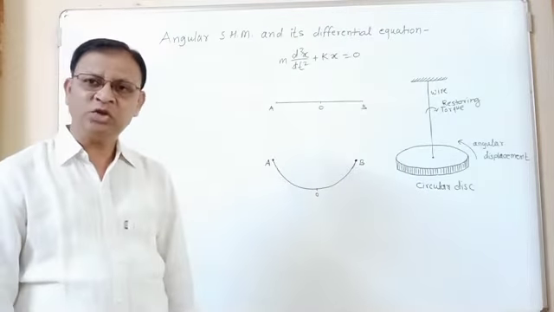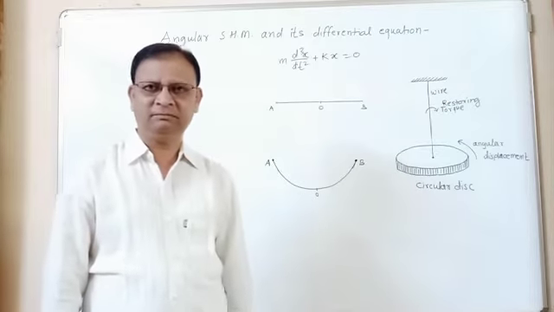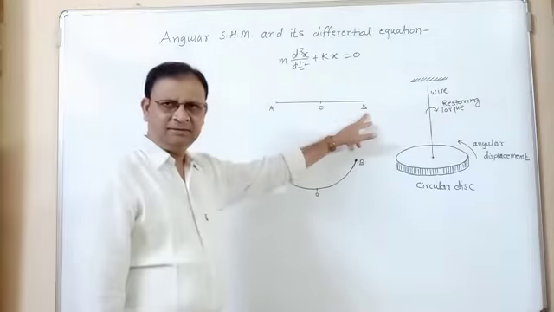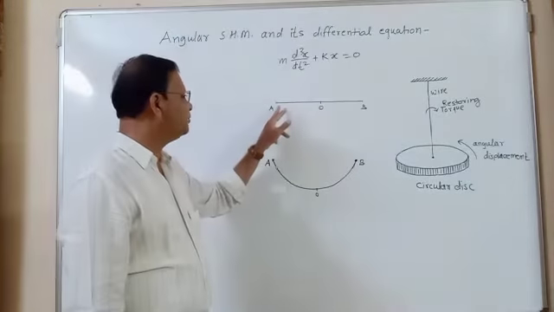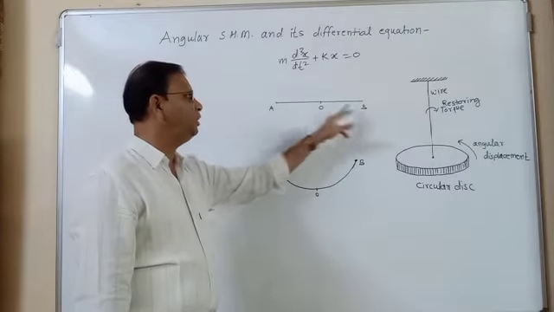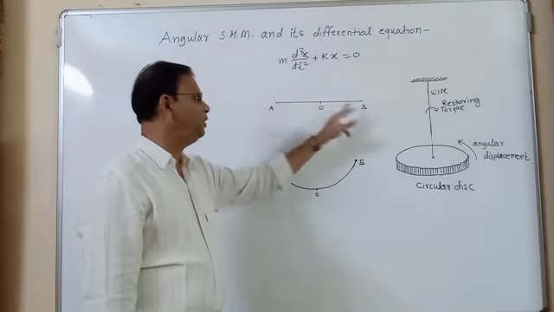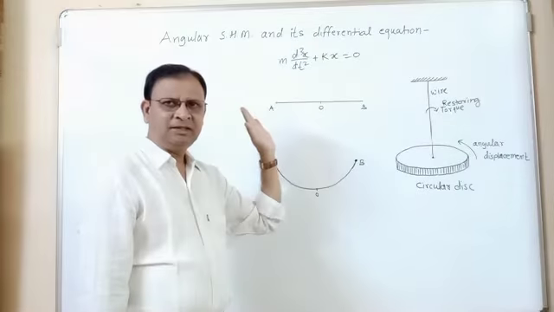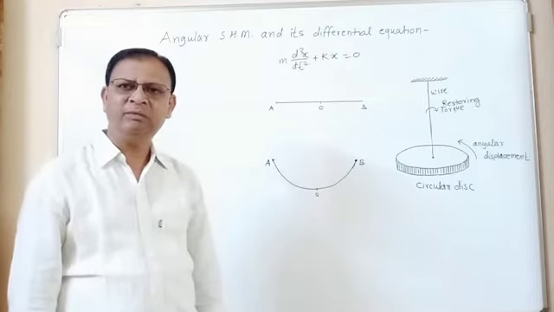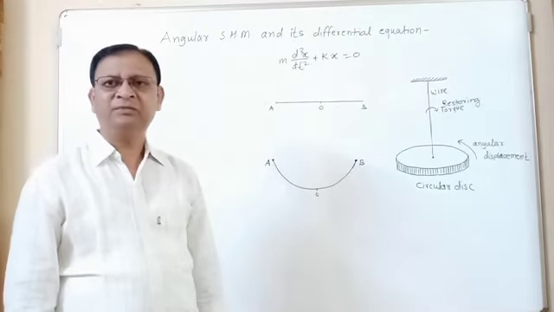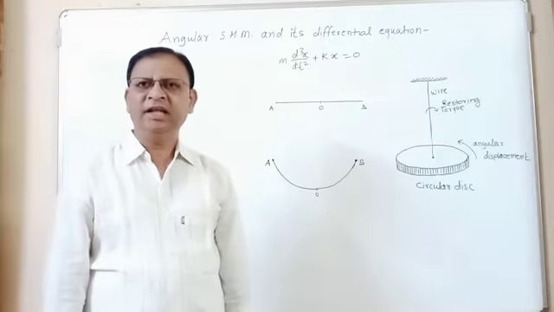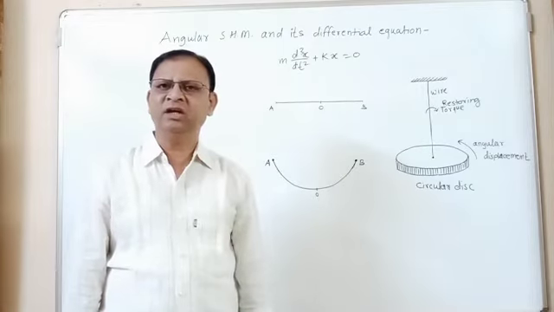If the path of oscillation is linear, that means a straight line, for example AB, that means the particle performs the oscillatory motion along the path AB, that is A to B, B to A, again A to B and B to A. This is a straight line path, therefore it is called linear oscillatory motion.